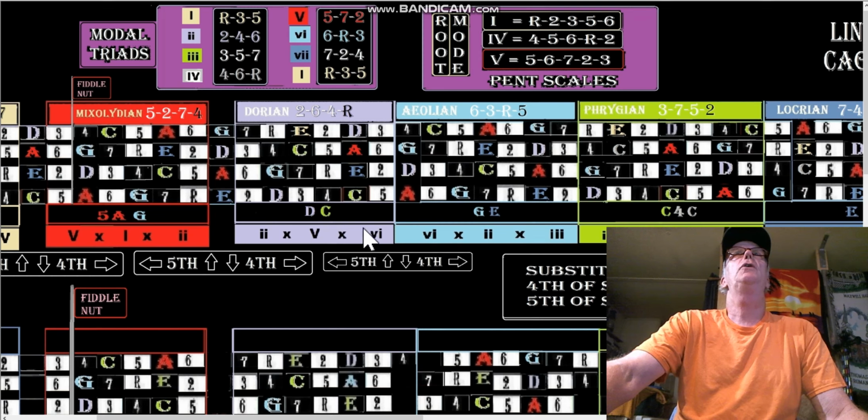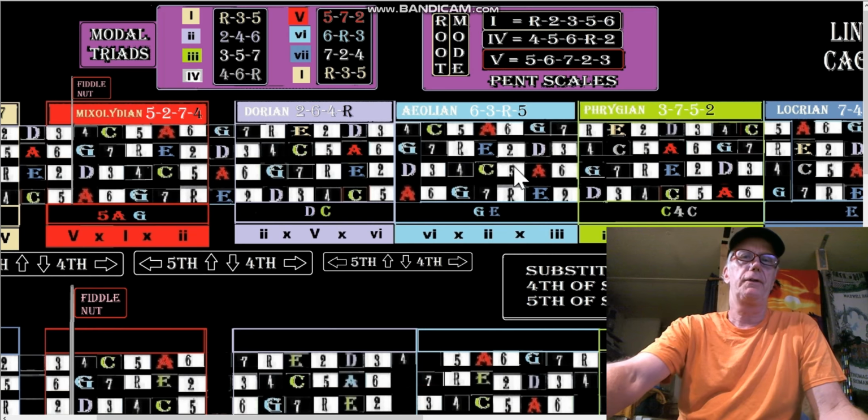But if we go to the next box over and use just the white notes there, it's the same thing. Look at 4: 4 becomes root. 6 becomes 3. Root becomes 5. So it's 4, 6 root, the fifth of the fourth.